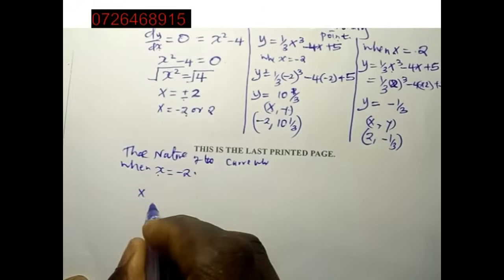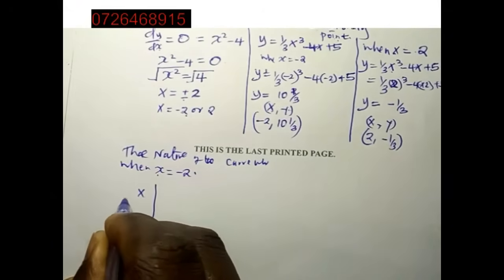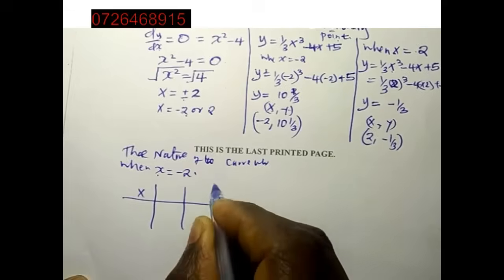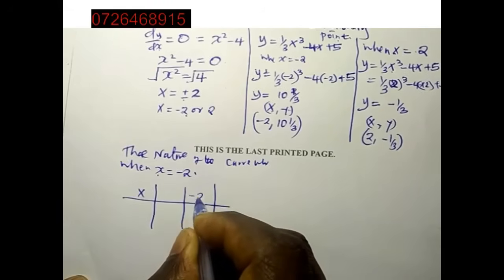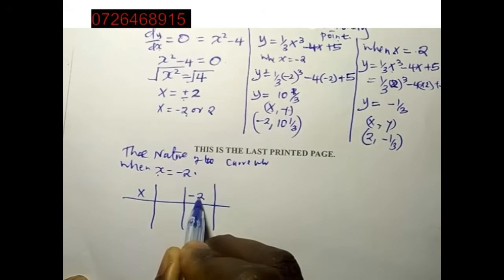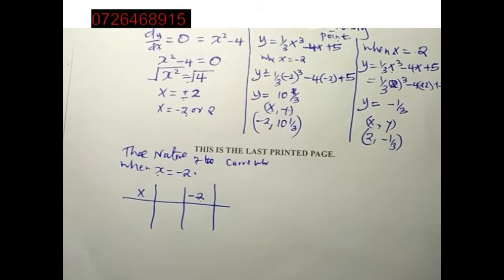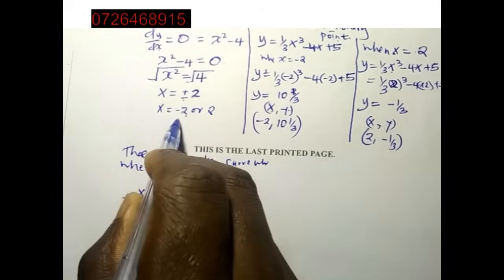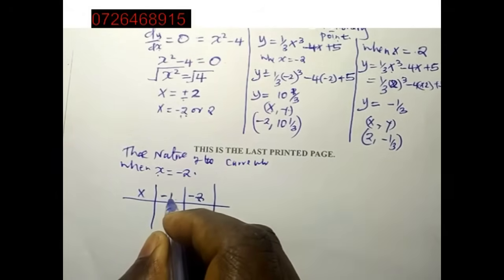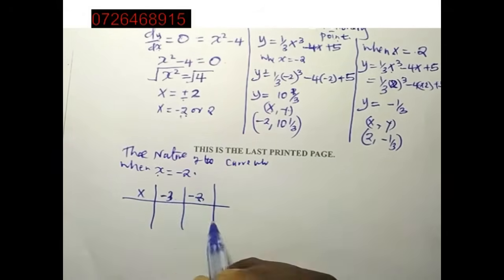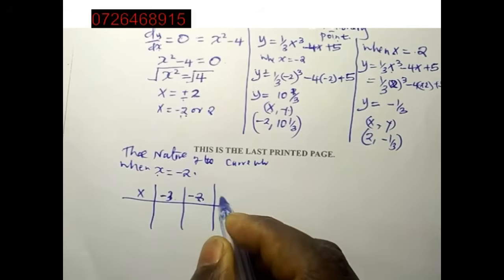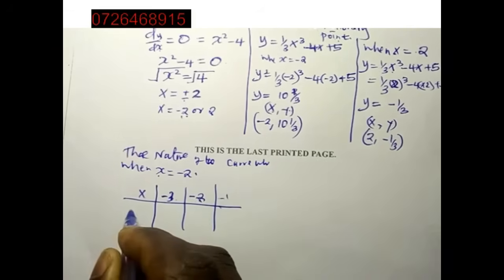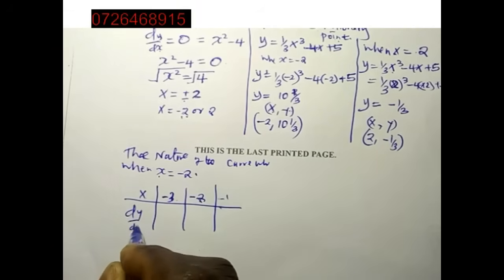So I put x, our x here is negative 2. Find one number to the left of negative 2 and another number to the right of negative 2. A number to the left of negative 2 here is negative 3, a number to the right of negative 2 is negative 1. And here is dy over dx.